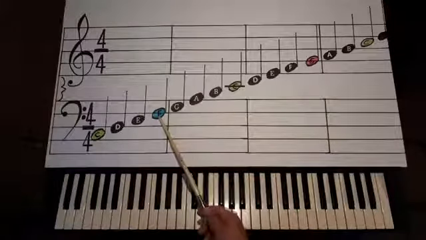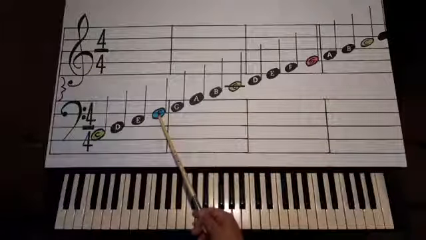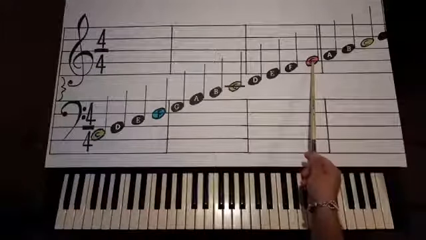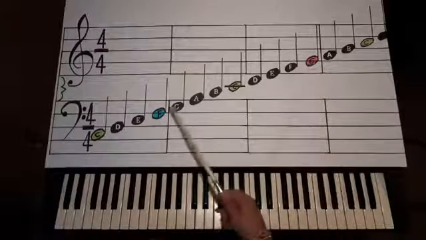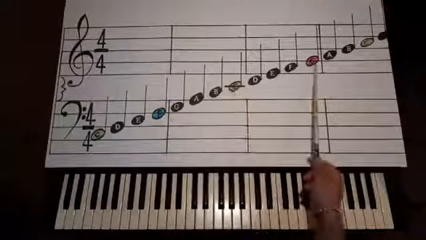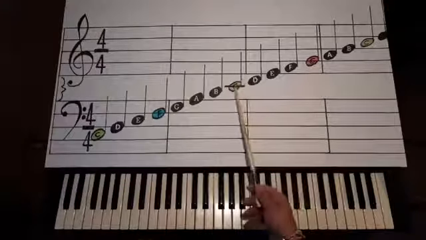And you might be wondering, why is F blue and why is G over here pink? Well, we wanted to distinguish those notes because those notes are very important. Actually, these three notes are very important. It's kind of like your anchors.